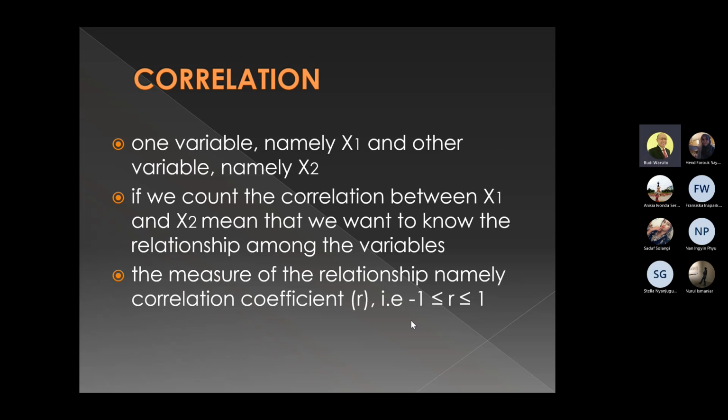Okay, from -1 until 1. The minimum value of R is -1 and the maximum value of R is 1. Okay, so the value of R is between -1 and 1.